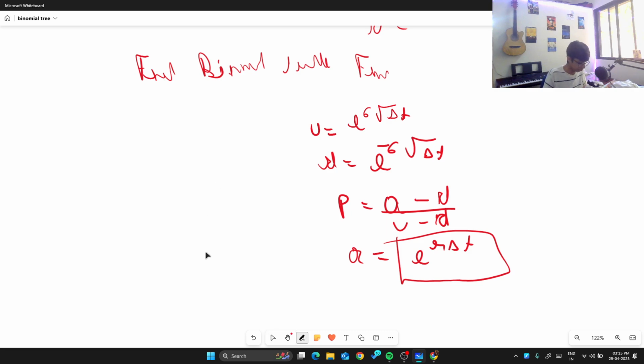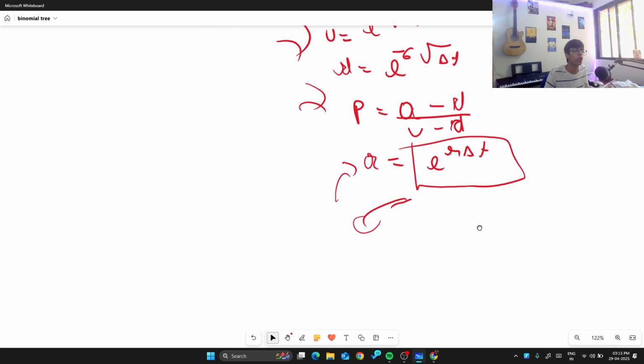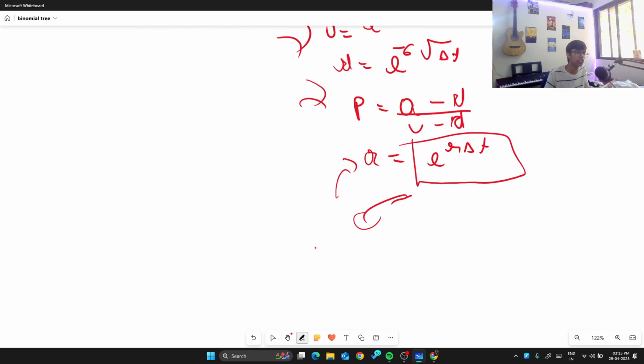That's the formula, and you just plug in the values and find the discounted cash flow for every path until 0, and you will find the option price. And yeah, increasing the number of steps.